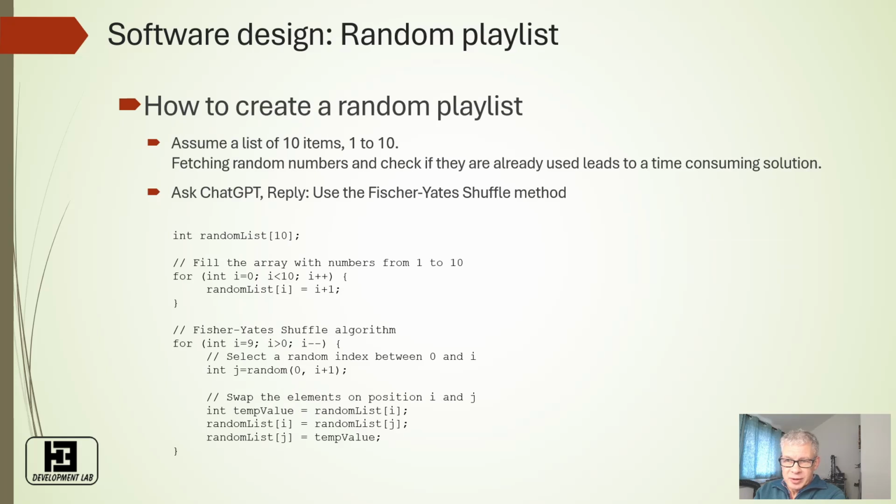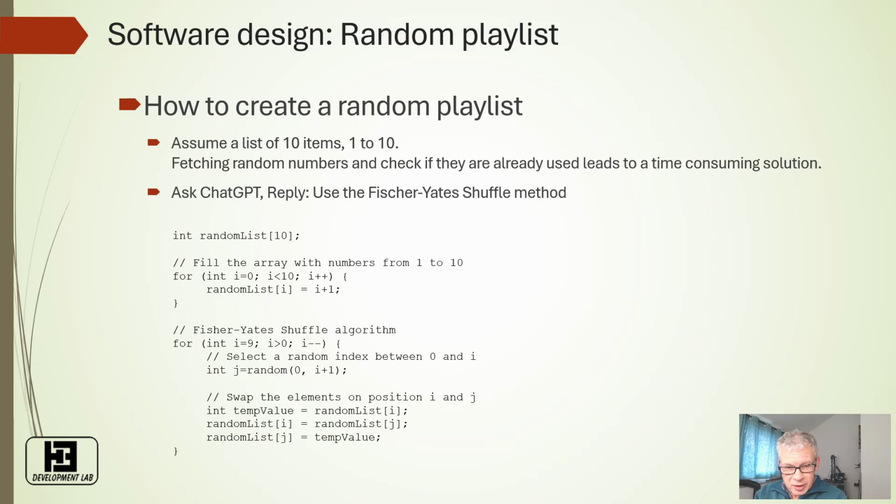Then we have a playlist, and what if you want to make that playlist random? Well, assume you have 10 songs or 10 MP3 files, numbered from 1 to 10, and you put them in a playlist, and now you want to have that list random. So instead of 1, 2, 3, 4, 5, a random order.